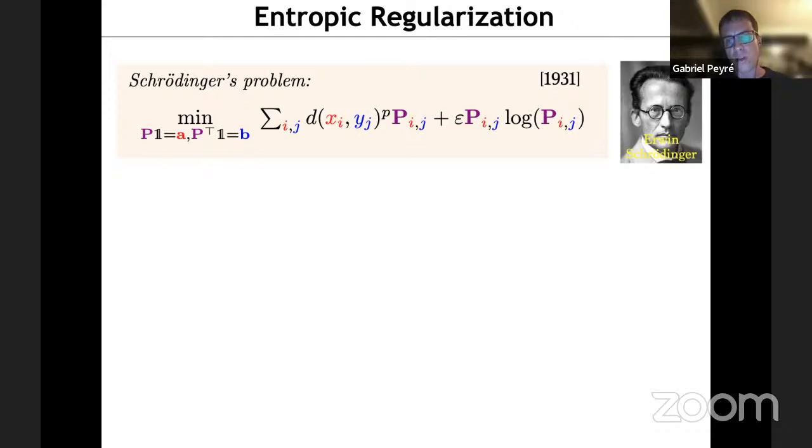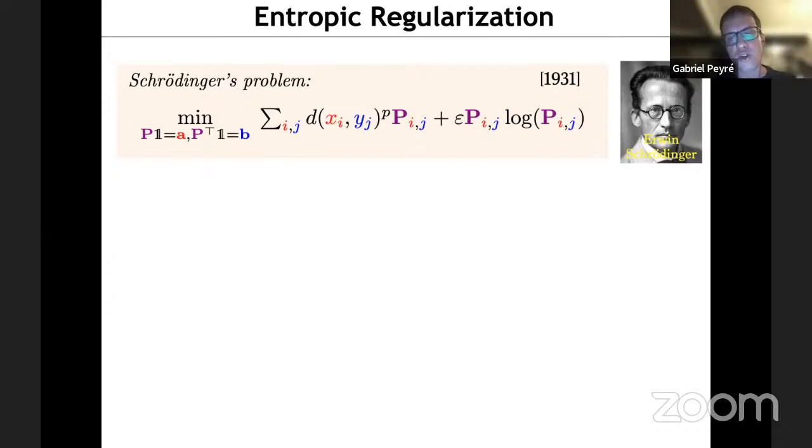And Schrödinger was using it to answer the question: you have two distributions of particles of gas at two different times, but you don't know how they have been evolving, and your goal is to guess the most likely trajectory. But the key modification with respect to optimal transport is that molecules of gas don't move in a straight line. They are actually like a stochastic Brownian motion. So they would not move according to a deterministic trajectory.